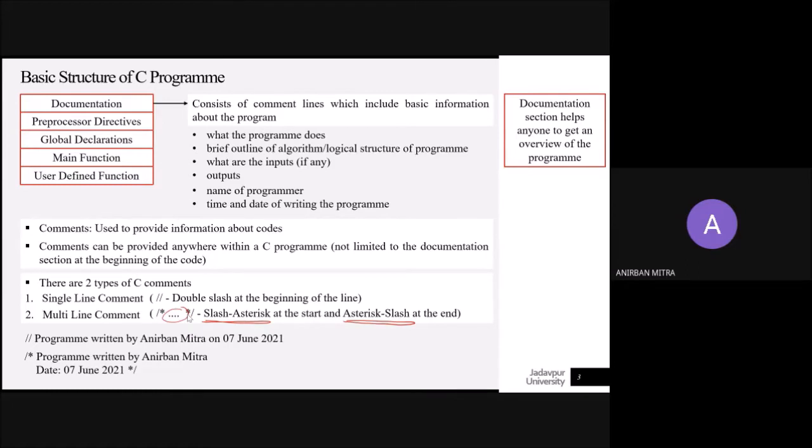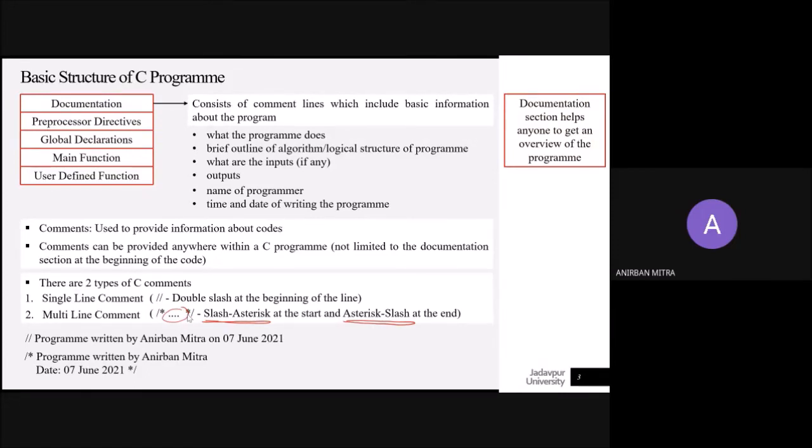You can see there are two lines. If I write "program written by Anirban Mitra", and in the second line "date 7th June 2021", then these two lines can be commented by putting the slash asterisk at the beginning and at the end an asterisk slash.